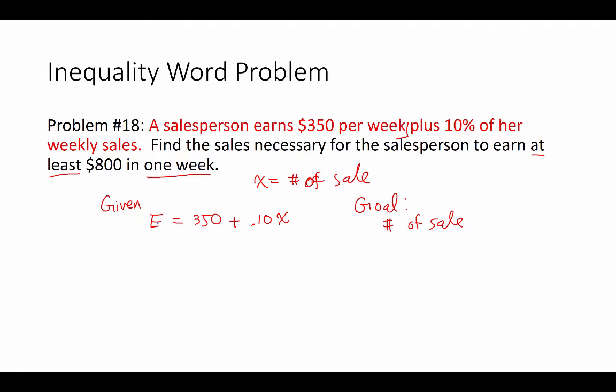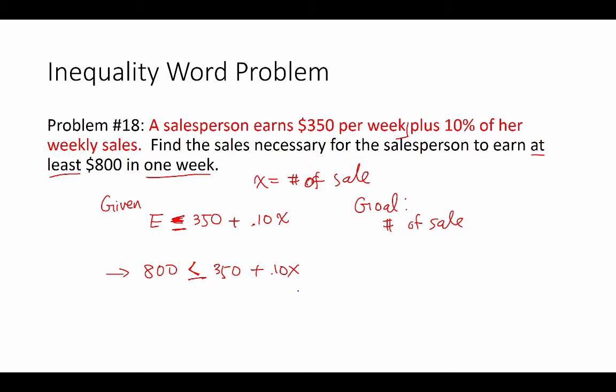Then we're going to replace the E with 800, and at least means you have to make at least. So the side of the inequality that takes the variable has to be greater than or equal to 350 plus 0.10x. Now this is a more proper equation that fits the context here. I'm done, at least for the setting up.